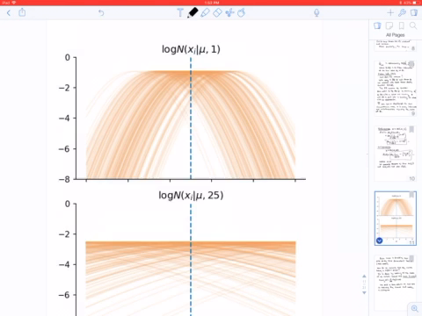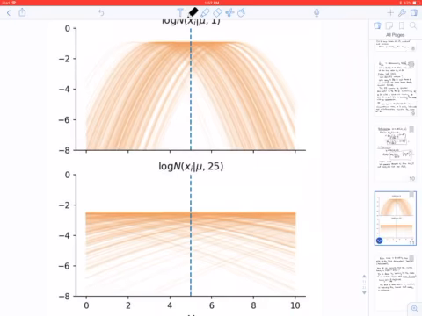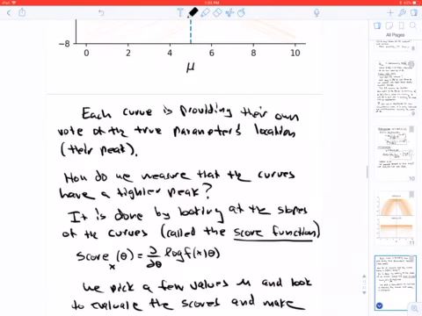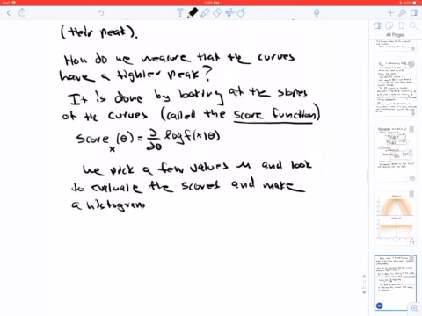You can see why the top one is informative. Our x values are pretty informative about what mu value peaks the log likelihood. And so what does it mean to be informative?